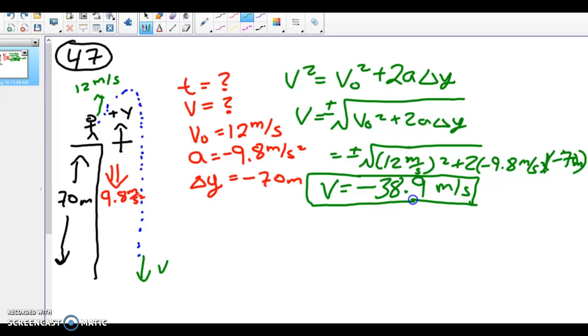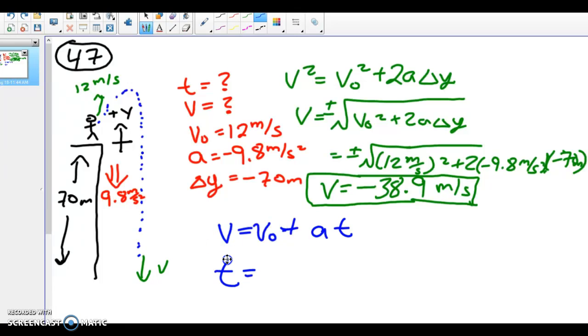Now, the difficult thing is going to be finding time. Using my knowns and unknowns, as a matter of fact, now that I have my final velocity, I should have enough information to find my time. So I use v equals v naught plus at, the one I call Old Faithful.